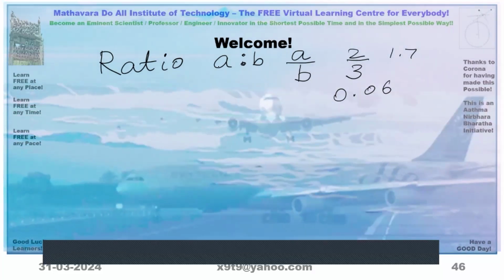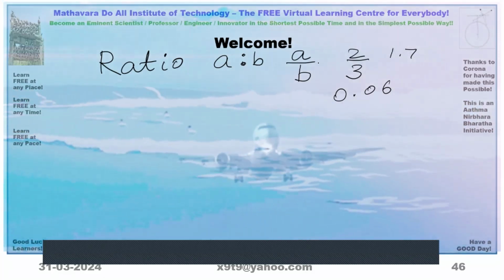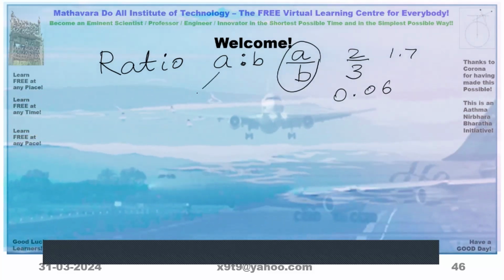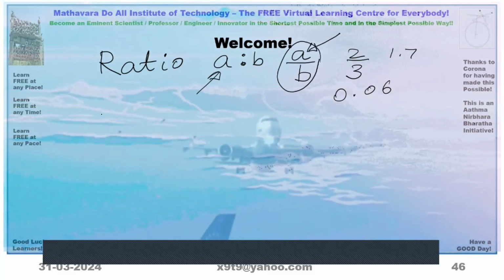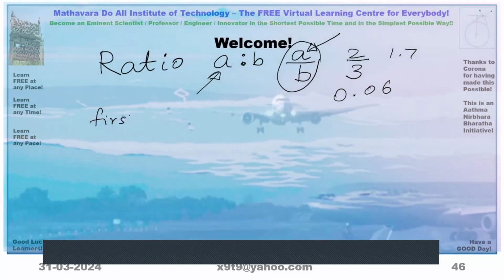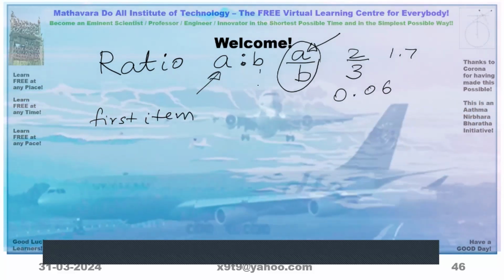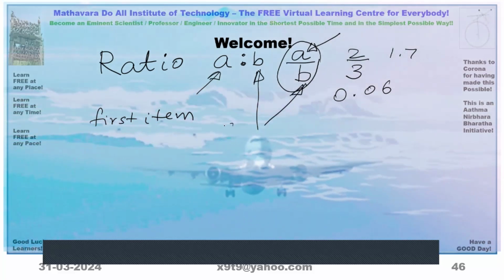So this is using integers as ratio. This is writing numerator and denominator. This A belongs to the first item in the list, and this B belongs to the second item.